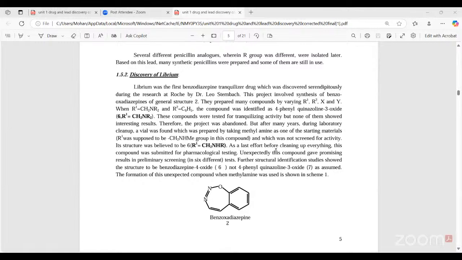As a last effort while cleaning up everything, this compound was submitted for pharmacological testing.